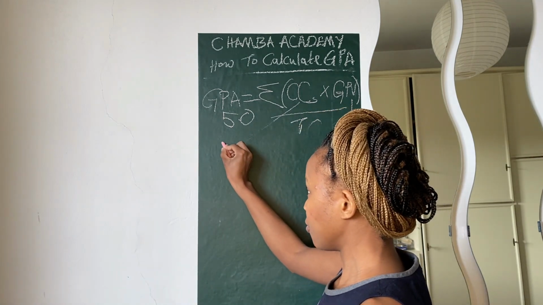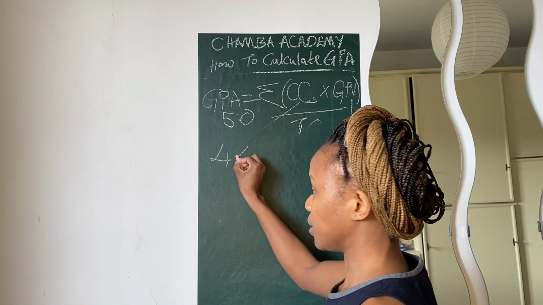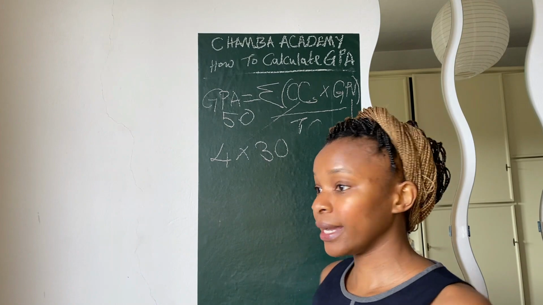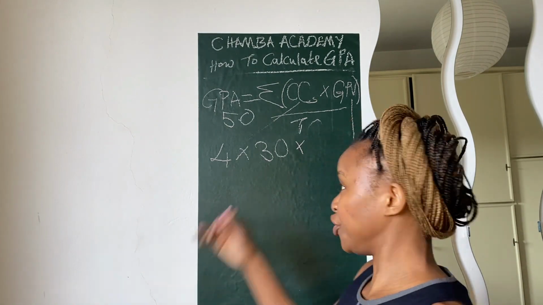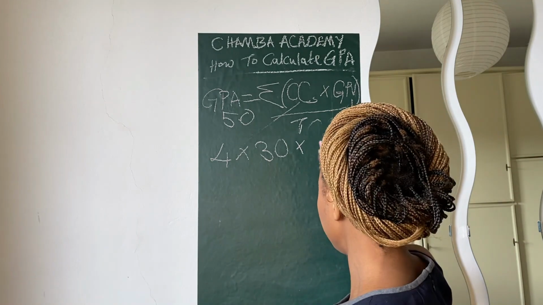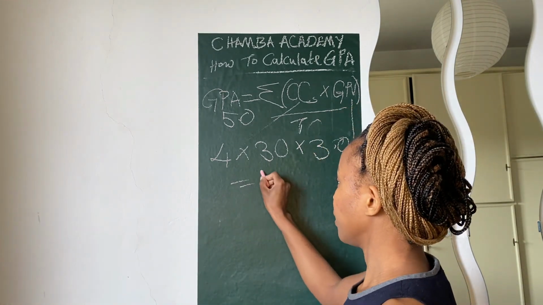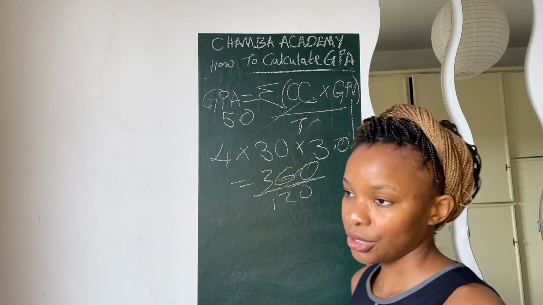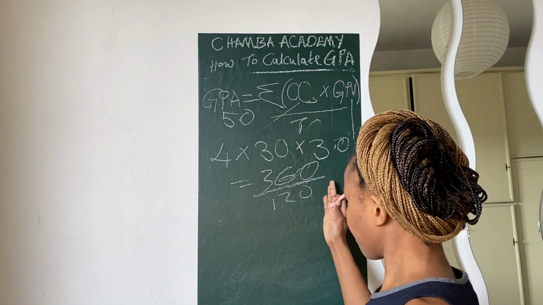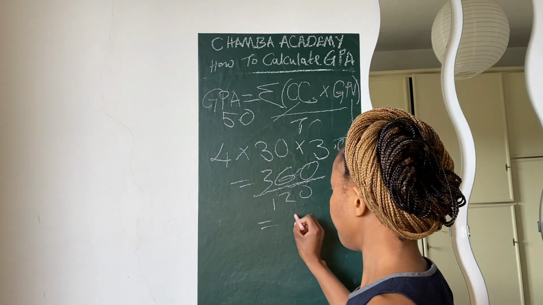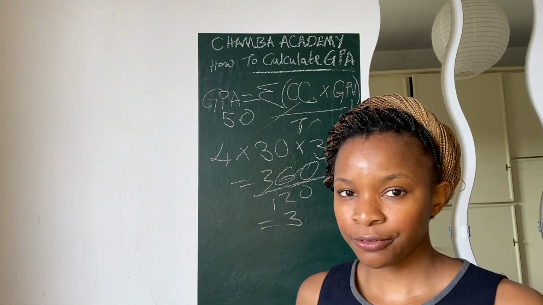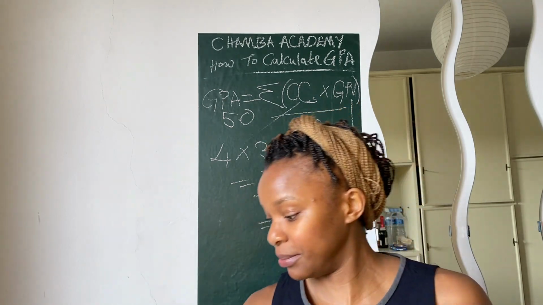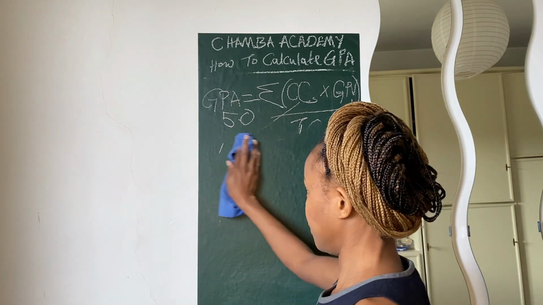So 4 courses multiplied by, since there were 4 courses, 30, multiplied by the GPV that I accumulated in B, which is 3.0, will give me 360 divided by 120, which is the total credits for the year, and this will give me 3. So in first year I had accumulated a GPA of 3. Okay, we've established that. Moving on to second year.